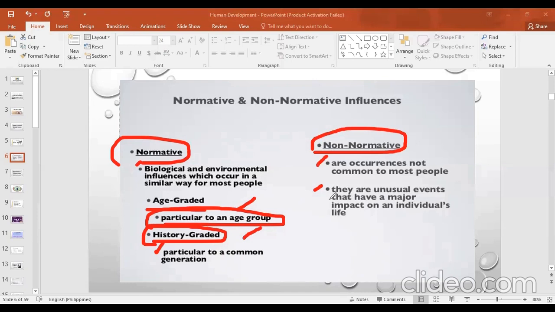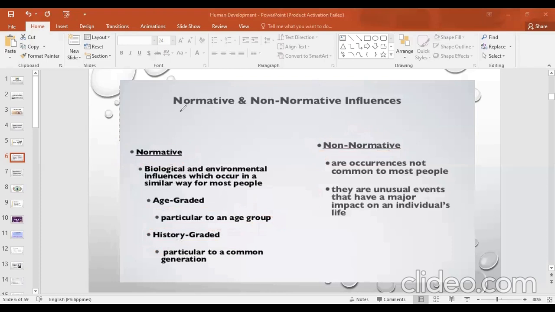Pwede rin yung cancer as teen. Halimbawa, teen ka pa lang, tapos may cancer ka na agad. Or even yung mga accident, like car accident? Something happened sa'yo during that time. Yung mga, sabihin na natin as unusual events happening in a reality.